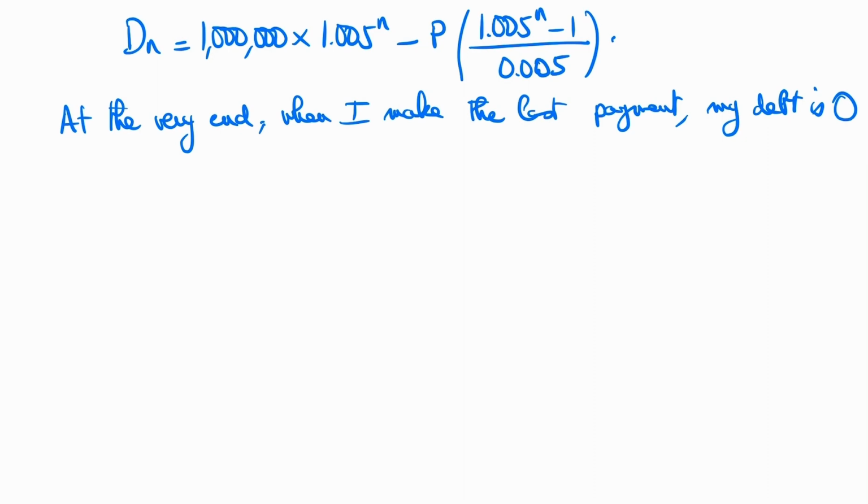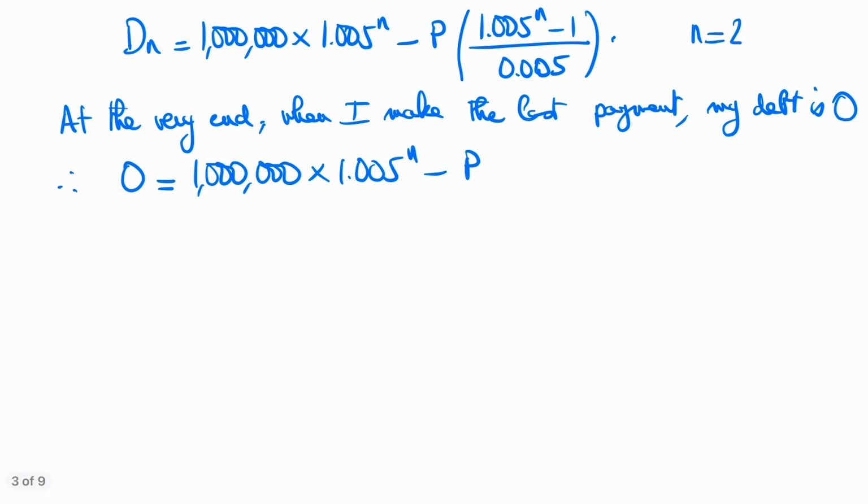So that means that we are looking for n such that 0 at the very end is equal to 1 million times 1.005 to the power of n minus P times and actually, sorry, at the very end, I should say n equals what? n equals 25 times 12, which is 300.